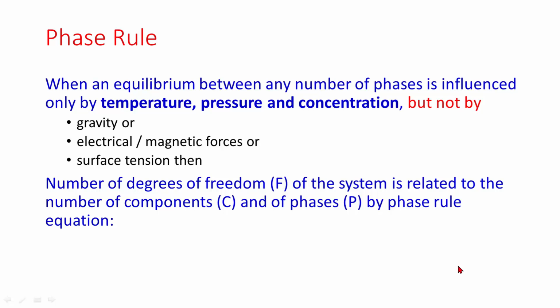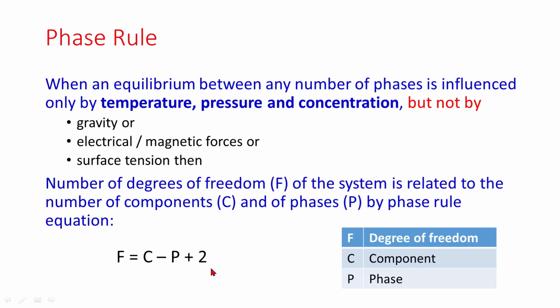And the phase rule equation is F is equal to C minus P plus 2, where F is degree of freedom, C is component and P is phase.